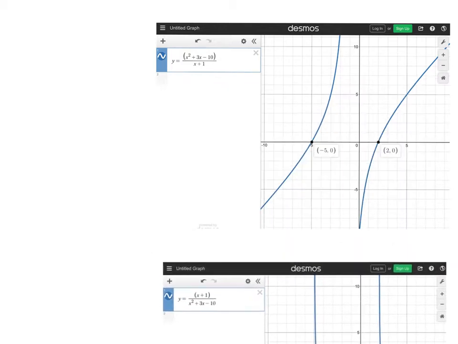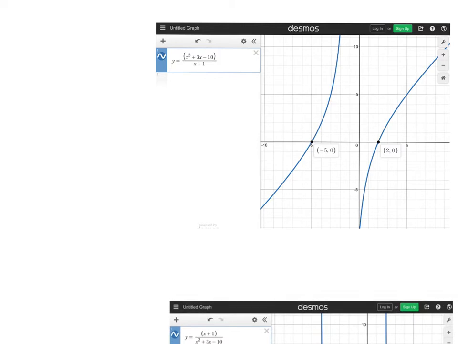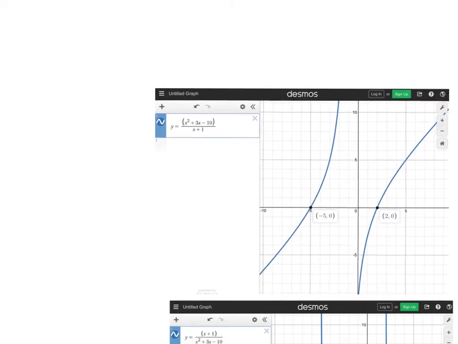Okay, so remember what a rational function is. It is a function where it is a fraction of polynomials.